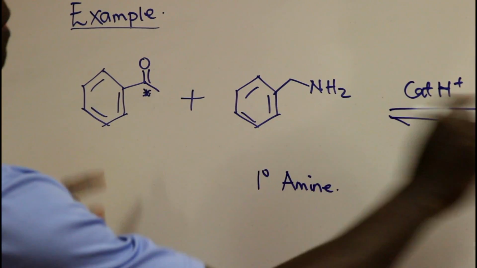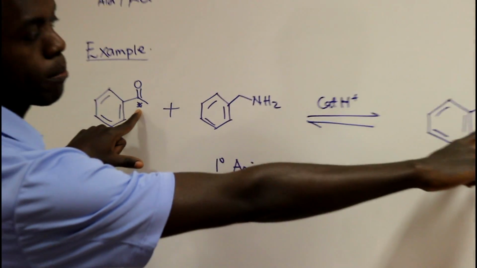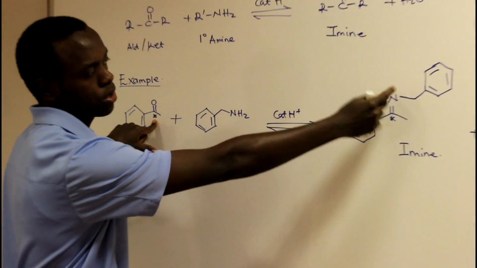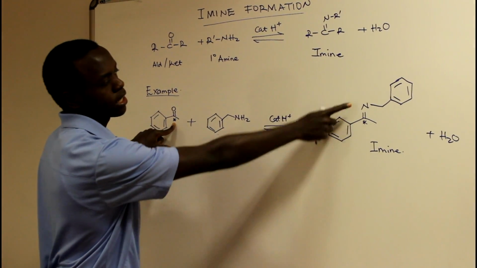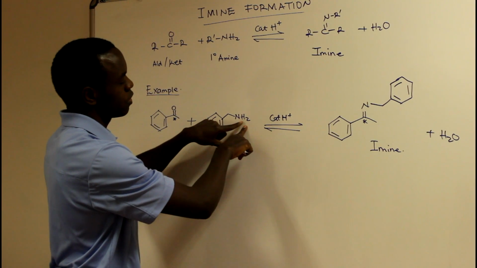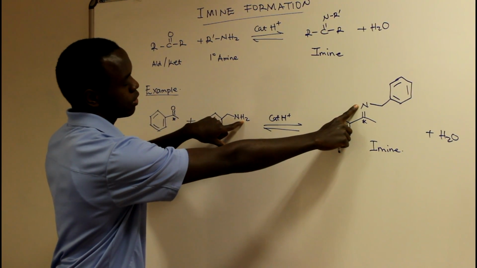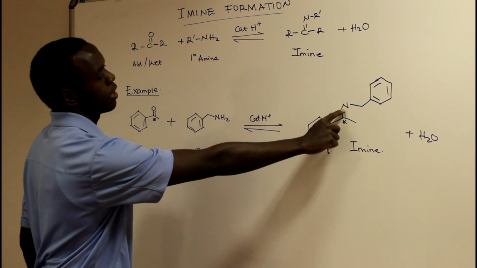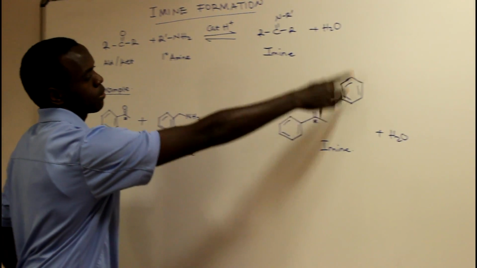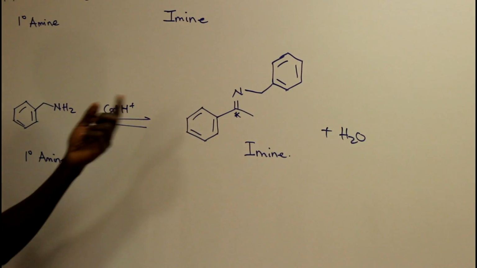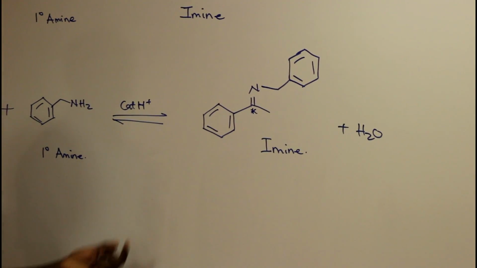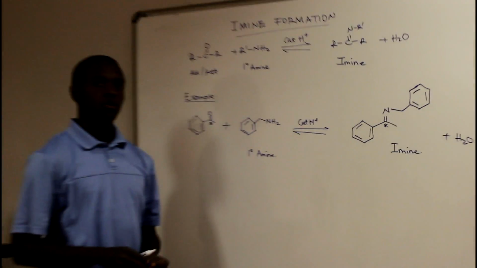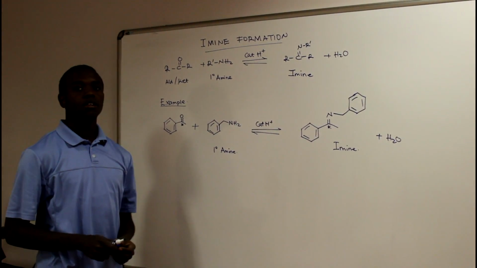Then we get rid of the two hydrogens on the primary amine, and we're just left with the nitrogen together with the alkyl group, or whatever group is attached to the nitrogen, in order to form the imine. Next, we're going to look at the reaction mechanism to see how this reaction actually takes place.